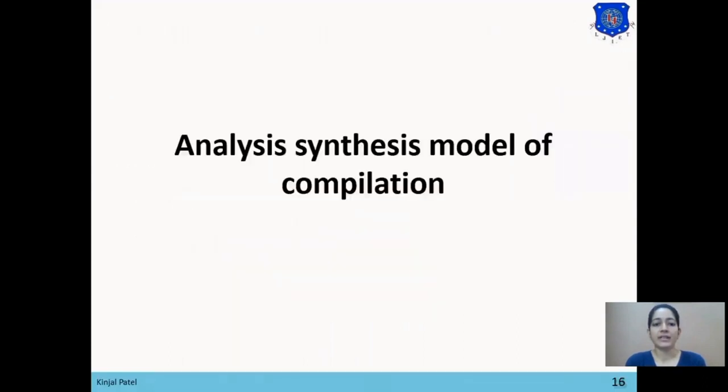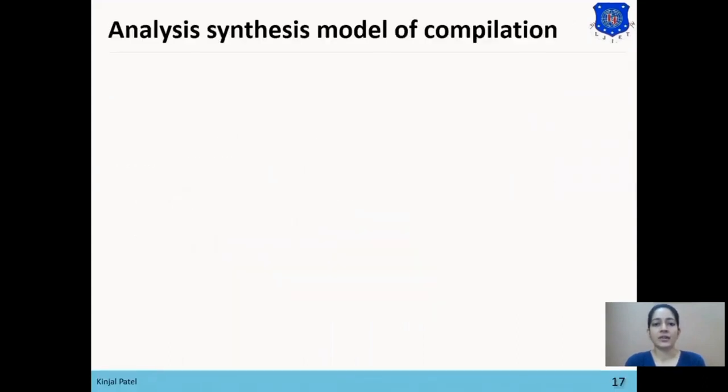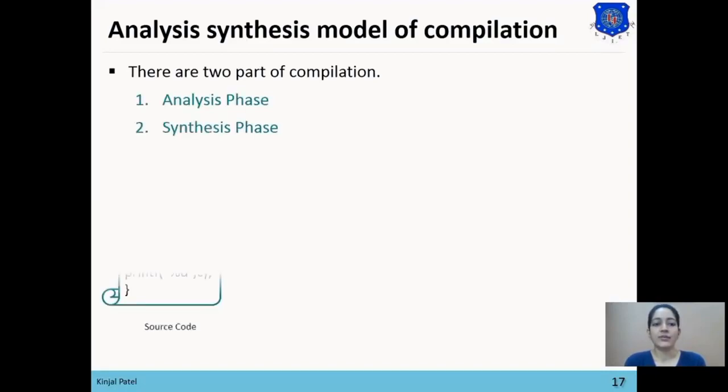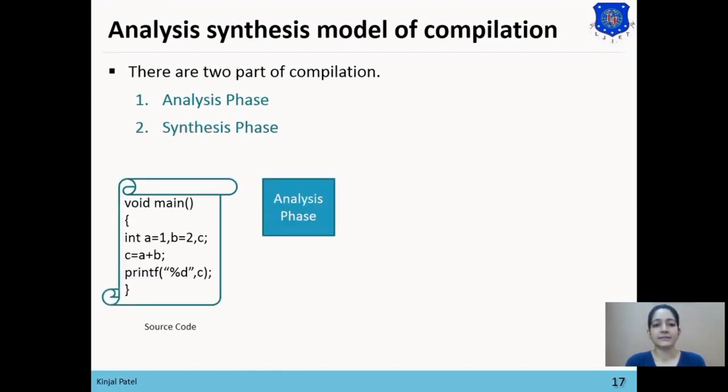Now the next topic is the analysis and synthesis model of compilation. There are two parts of compilation. First one is the analysis phase and second one is the synthesis phase. So first our source program is passed to the analysis phase, and then the analysis phase converts it into an intermediate representation.